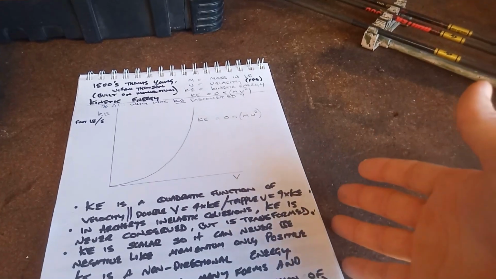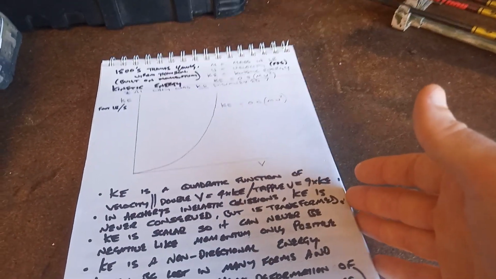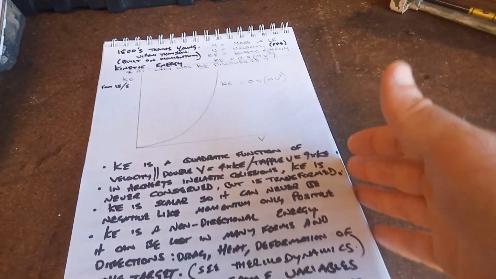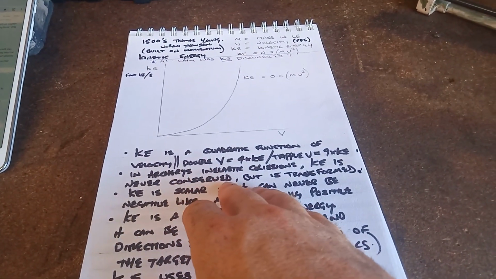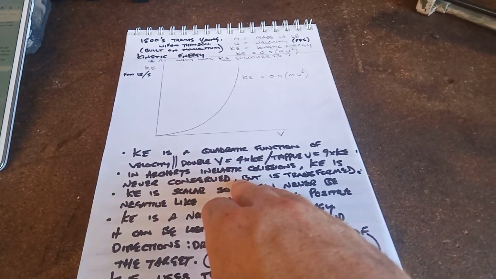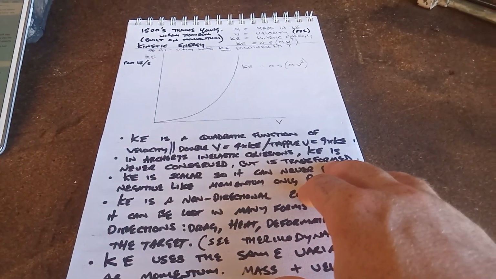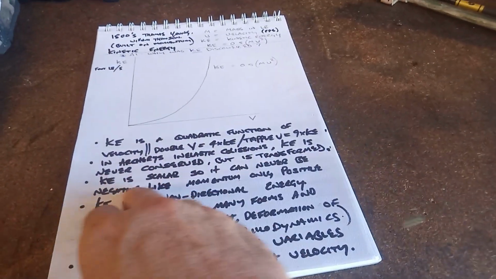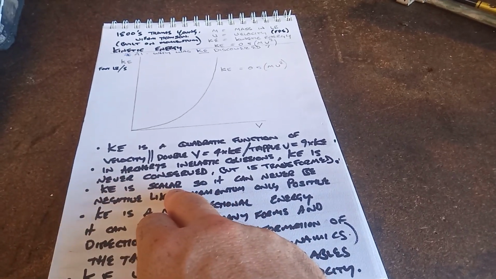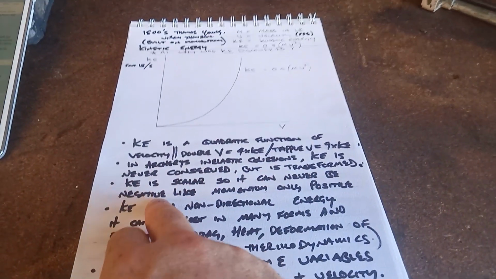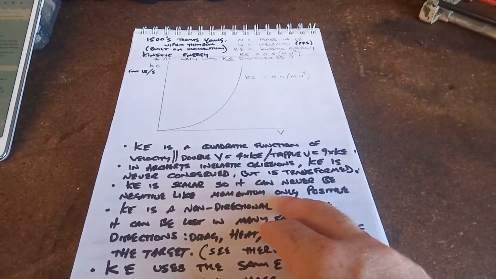The description of momentum was that momentum was always conserved. So there's a key difference here in the idea that kinetic energy is said to be never conserved, but is transformed, right? Another point is that kinetic energy is scalar. So it can never be negative like momentum, only positive, right?